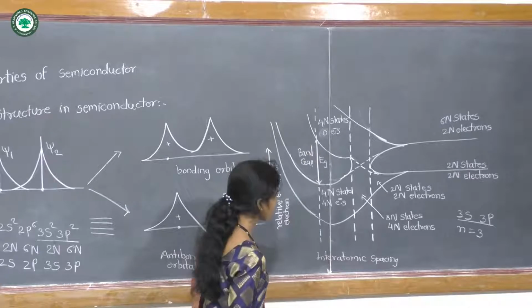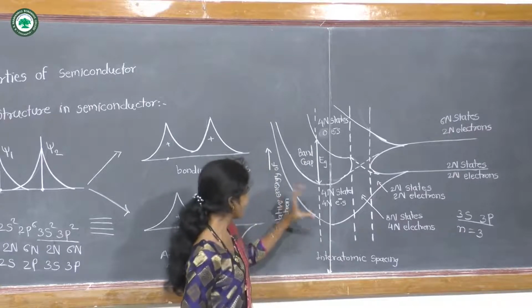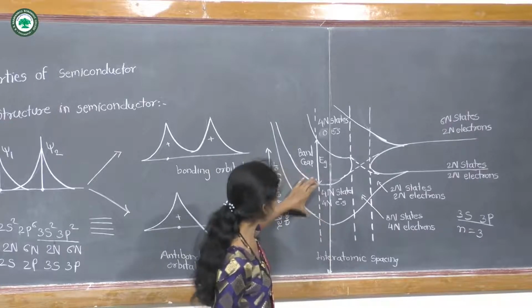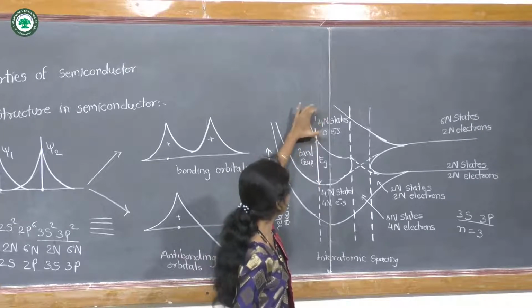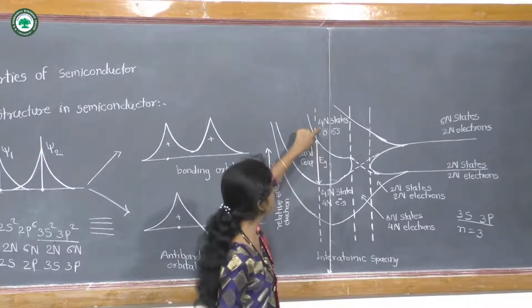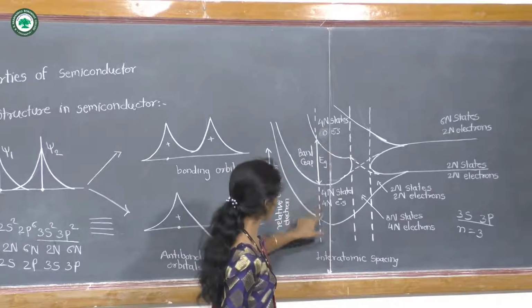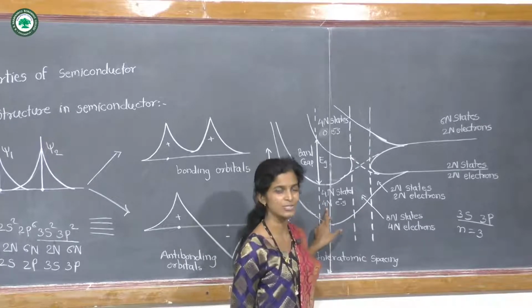And normally at 0 K all the electrons are observed in the lower energy band and the upper energy band is empty. That is, the upper band has 4n states but 0 electrons, and the lower energy band has 4n states and 4n electrons.